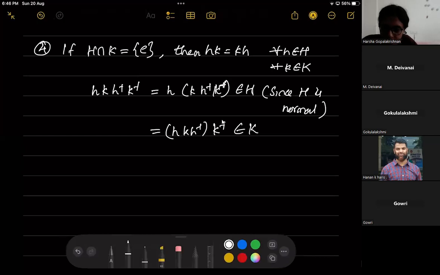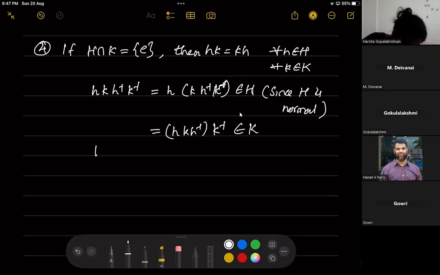The normality of K was used to prove that it belongs to K, and the subgroup property is used to say the product belongs to K. What we are getting is the same element; I am just writing it in two different ways. The same element belongs to H and also belongs to K.